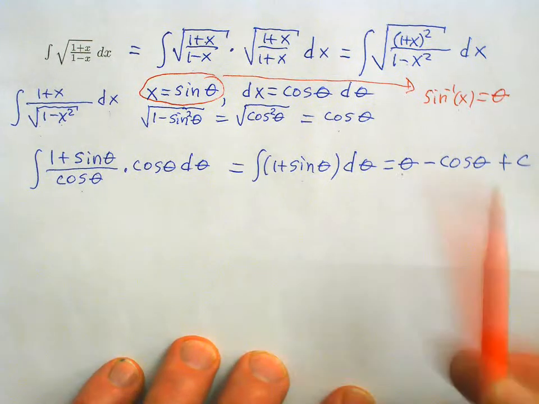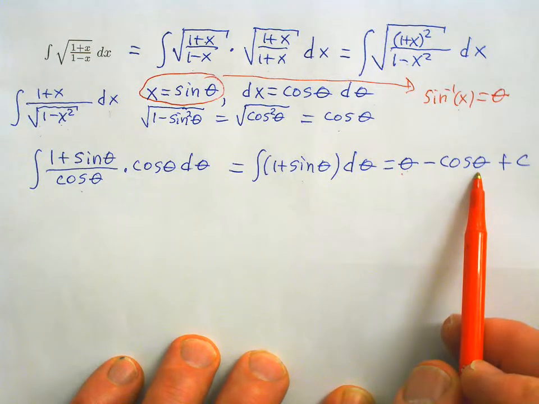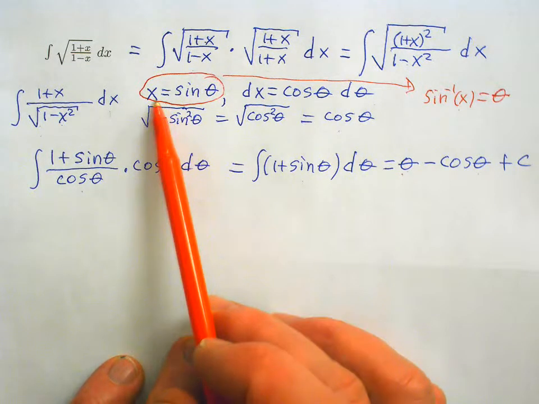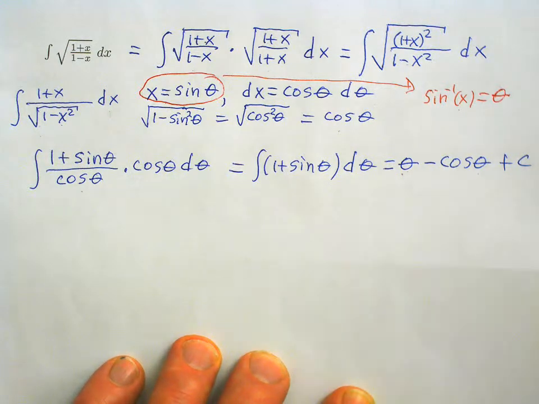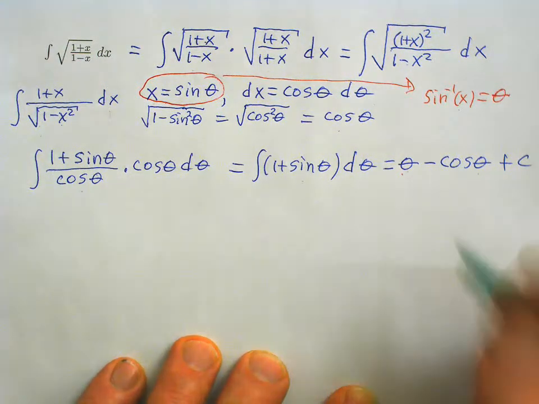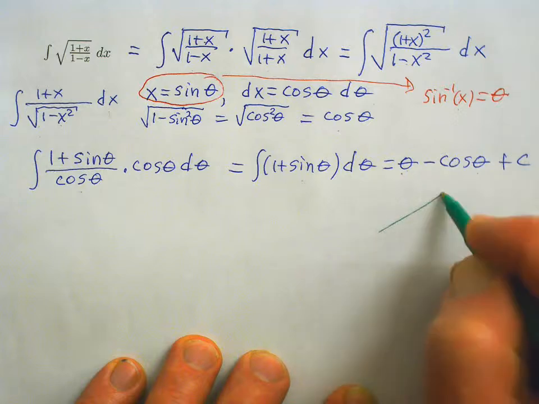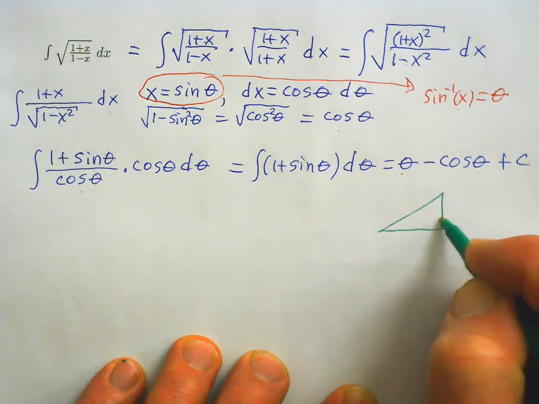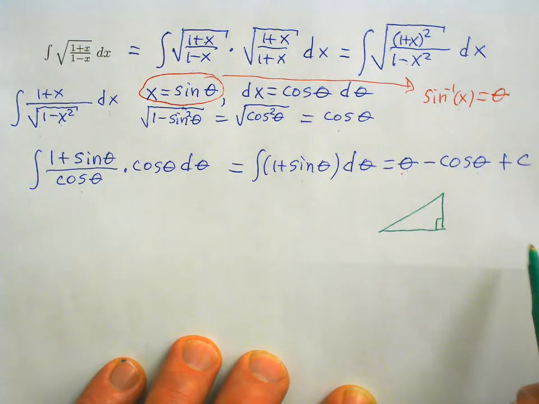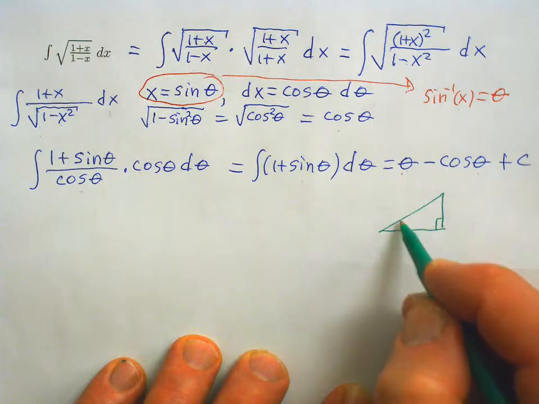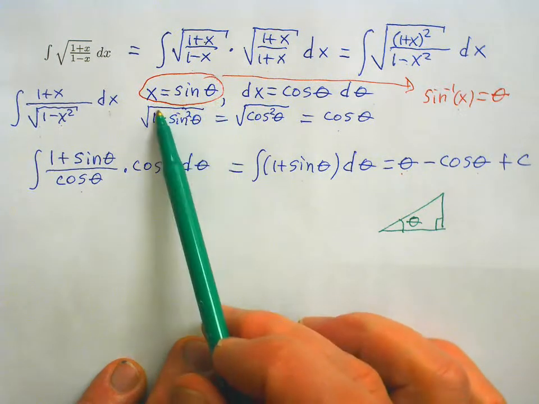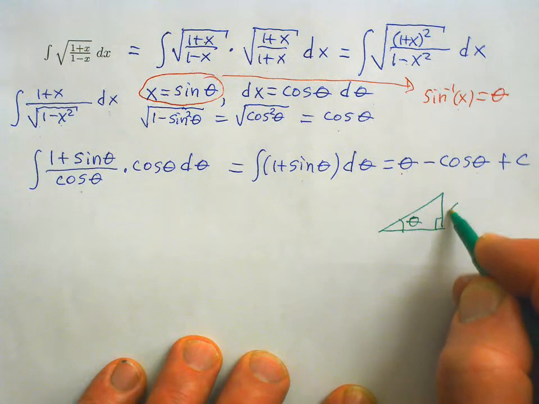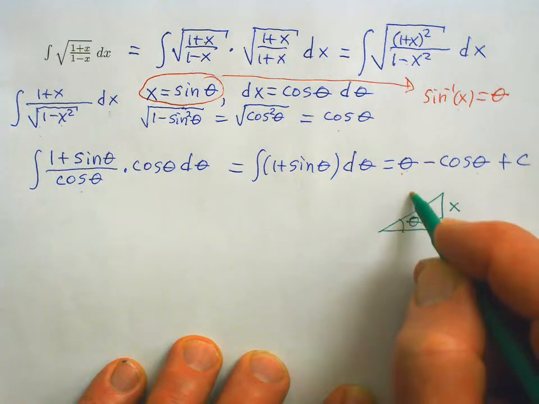And we also need to determine what cosine of theta is based upon the fact that x equals sine of theta. So we can use right triangle trigonometry to help us. So if this is our angle theta, and if the sine of theta is x, then the length of the opposite side to theta is x, the hypotenuse is 1.